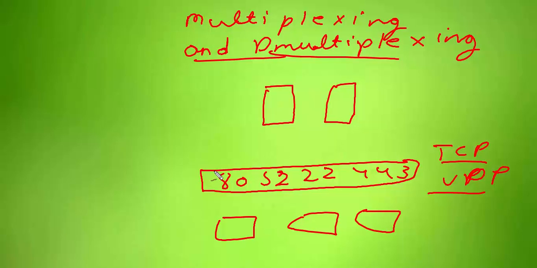That is the responsibility of looking at the port number. The machine can identify that by looking at the port number, and after that TCP and UDP take that and perform multiplexing and demultiplexing, deciding which belongs to which server process. Okay.